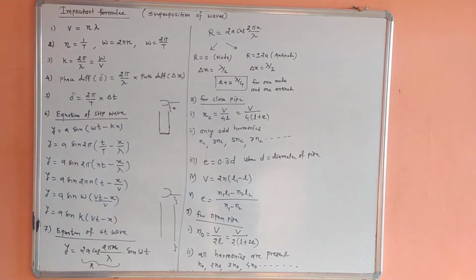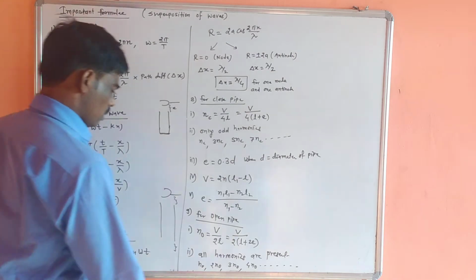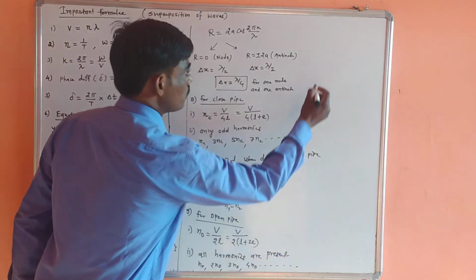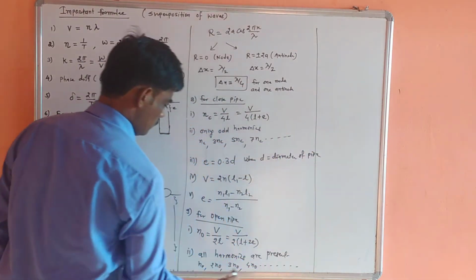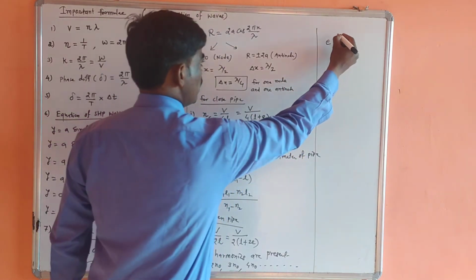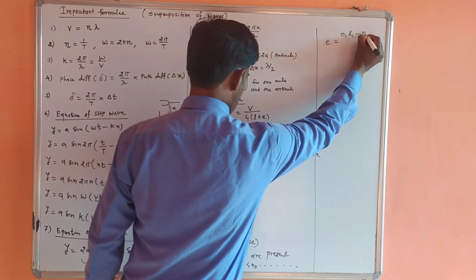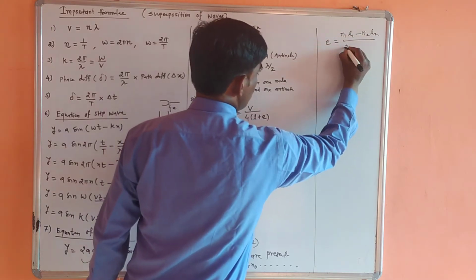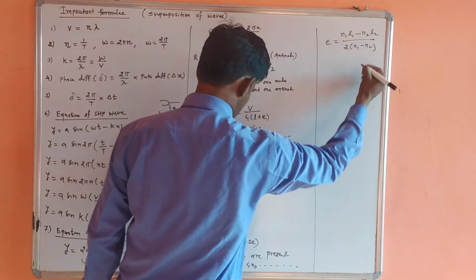All harmonics are present for the vibration of open pipe. Here, for this open pipe, the end correction E can be obtained as (N1 L1 minus N2 L2) upon 2 times (N1 minus N2).